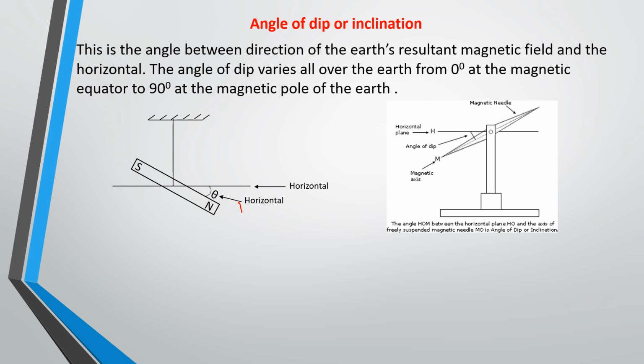So that is angle of inclination or angle of dip. All right. So this is the angle of inclination or angle of dip, the angle between the horizontal and the resultant Earth magnetic field. That is the angle of dip.